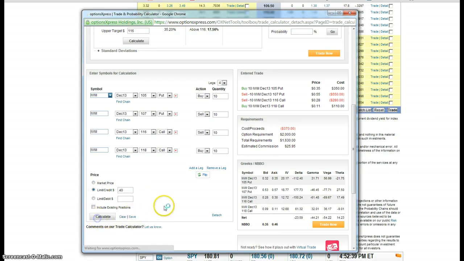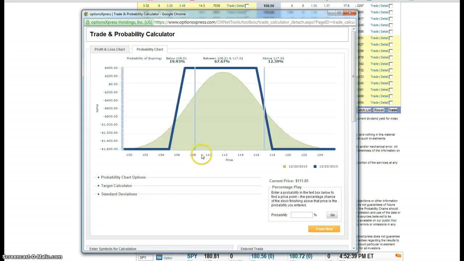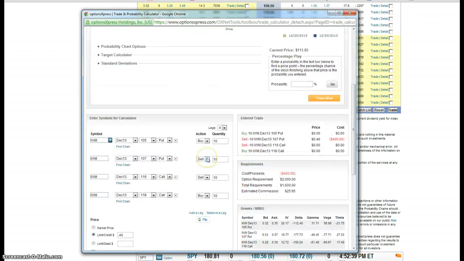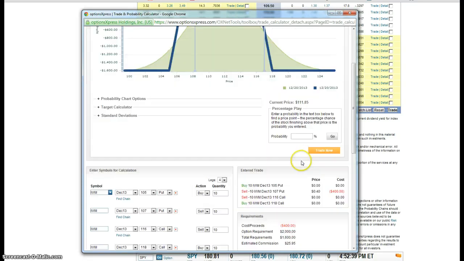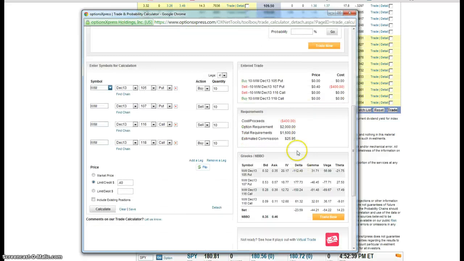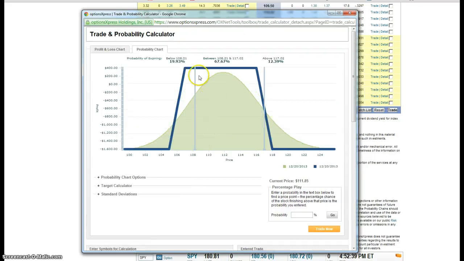So the bottom line would be, and here is the bottom line. The bottom line is we will collect $400. Our risk is $1,600. This is a 25% trade. This would be the commissions that it would cost us to put on this trade. And basically, here's our risk graph.